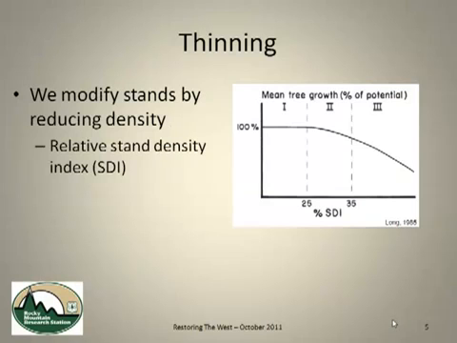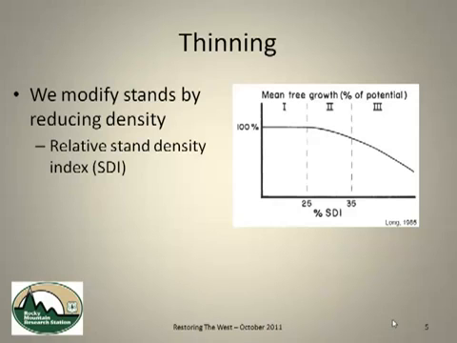On the ground, we do this through thinning, whether we choose what we thin, whether we choose what we're leaving on the site. And I've plotted up this simple curve here to show that we tend to use a relative stand density index, some relative index of density on the site. It's predetermined, typically species specific. We know these things for western forest types.